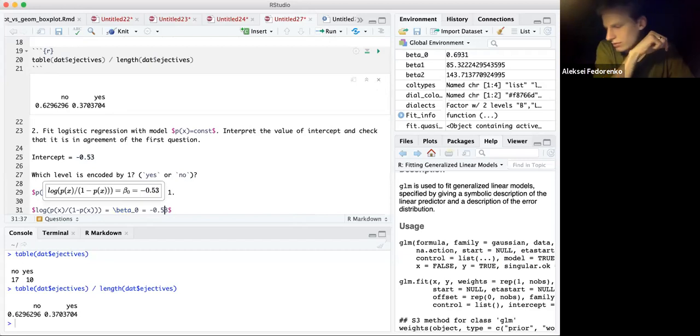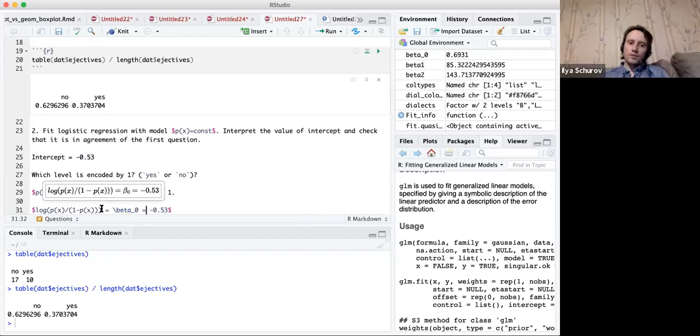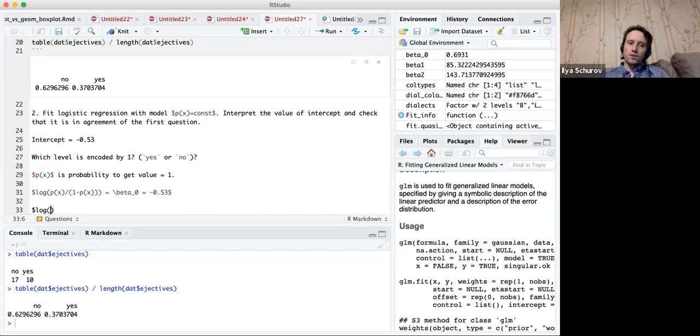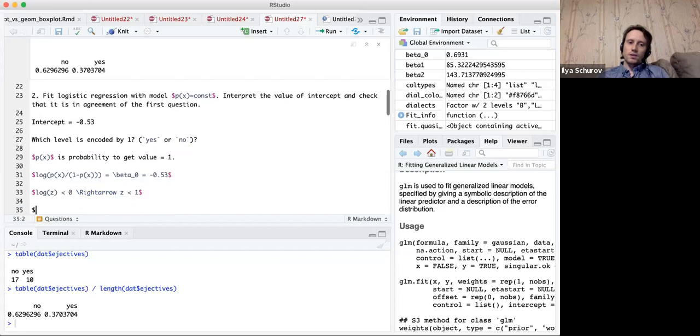So if this thing is negative, then it means that this thing is less than 1. So if log of z is negative, then z is less than 1. And if p of x over 1 minus p of x is less than 1, then it means that p of x is less than 1/2.